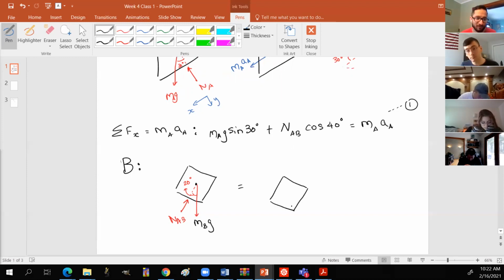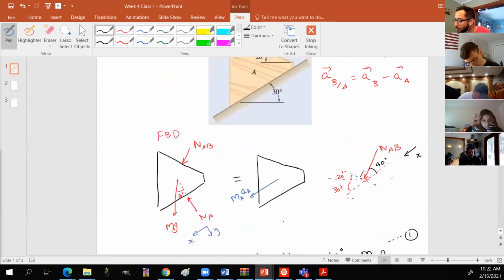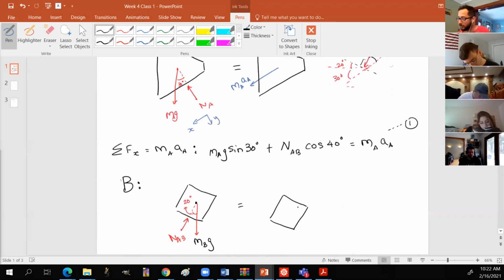So now things are getting interesting, right? So now you'll have these two accelerations. You can write it off as an unknown, right? So it's like this is moving down, this is moving down. So there'll be some acceleration of B like that, between where A is and where B is. But that does not help us, right?